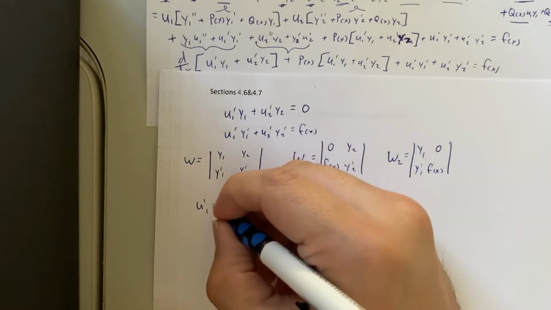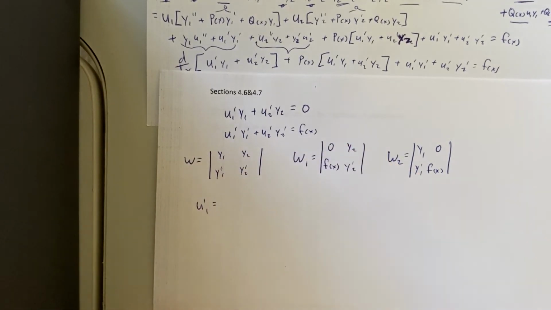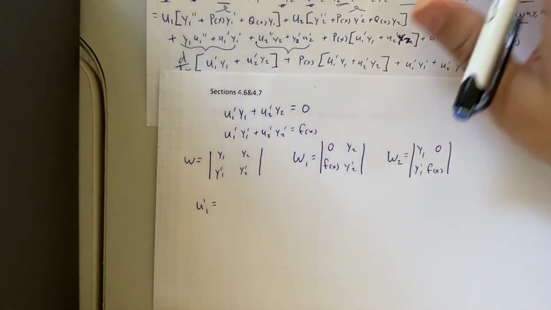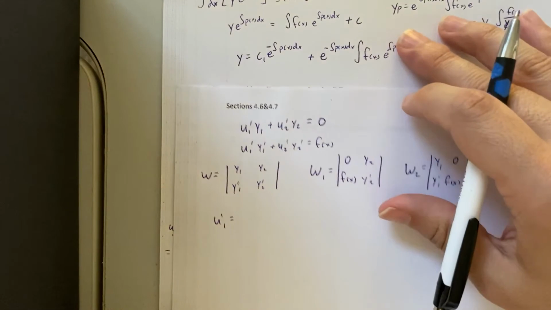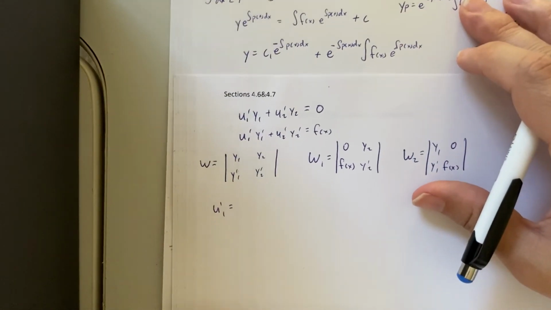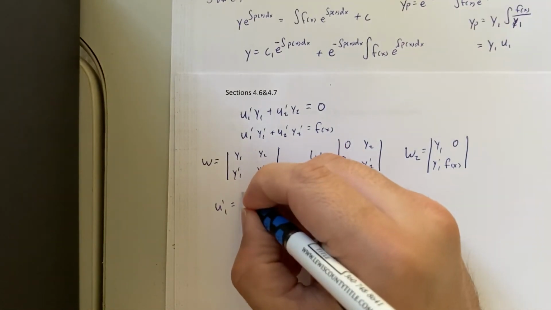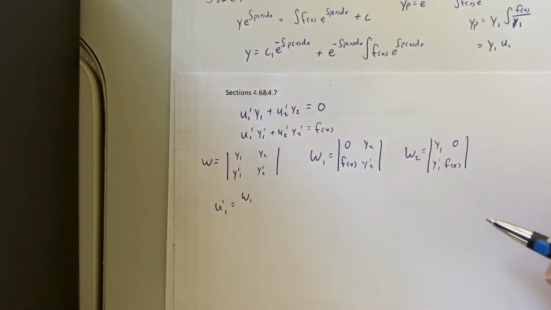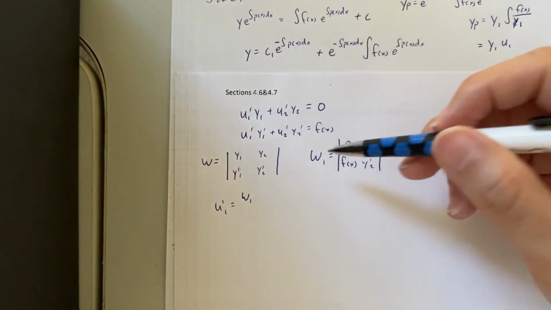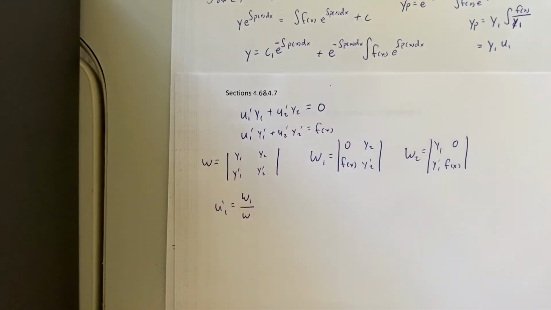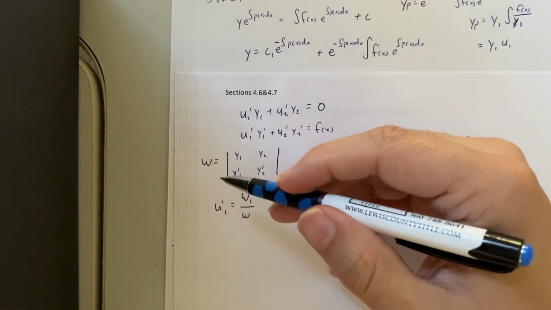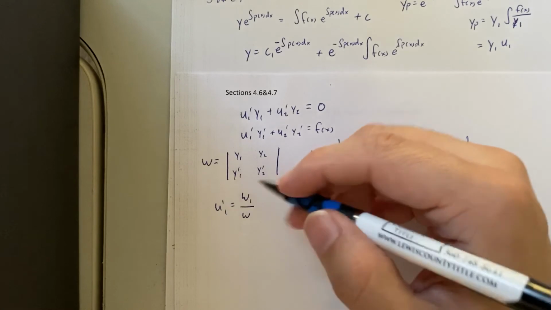That's just going to be equal to W sub 1, which is one of these determinants, divided by the Wronskian. And that's what u sub 1 prime is.